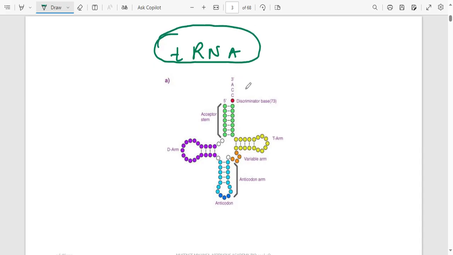It has got this end, the 3' end, the 5' end, and then it has got the D arm, which is near the 5' end, the T arm, the anticodon. Take note of this anticodon, okay, and then it has got a variable arm there.